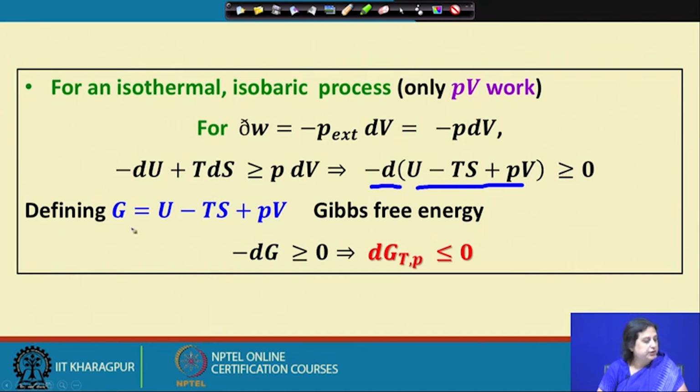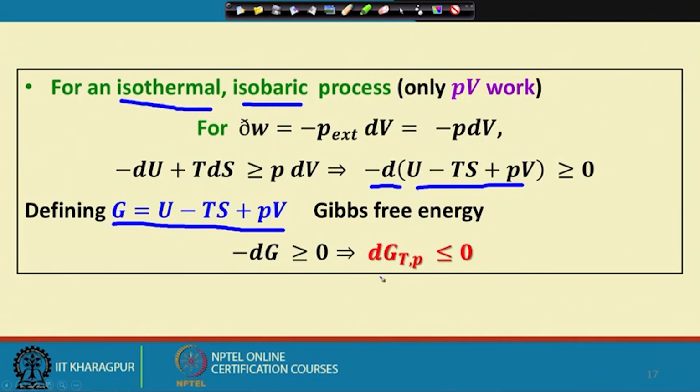But we already know what this quantity is. That is nothing but the Gibbs free energy, and therefore, under isothermal and isobaric condition, a system will undergo a spontaneous process provided the corresponding change in Gibbs free energy is negative.